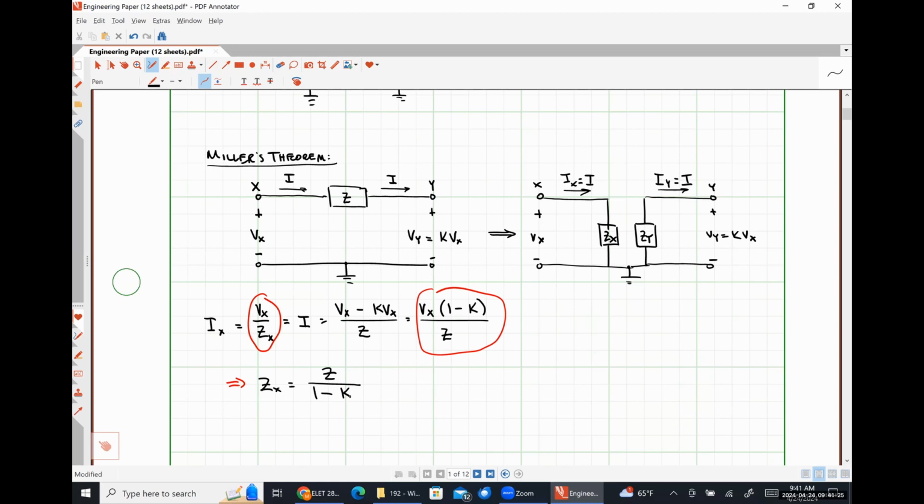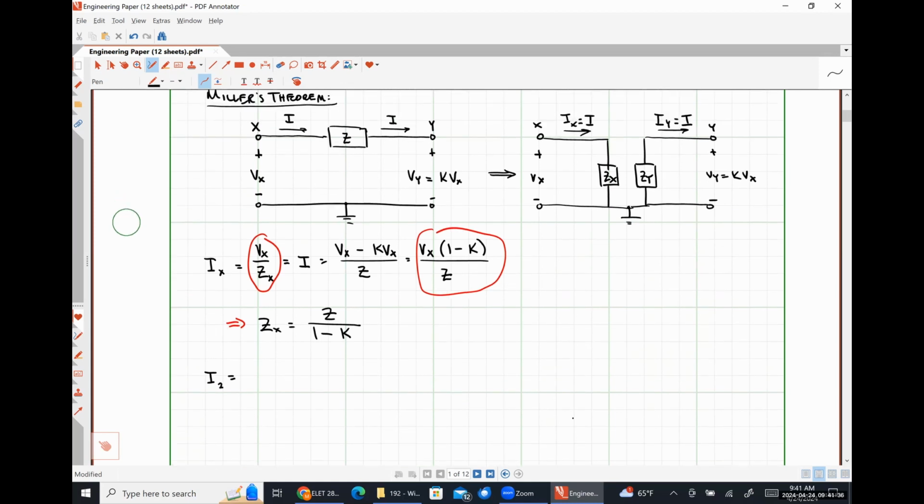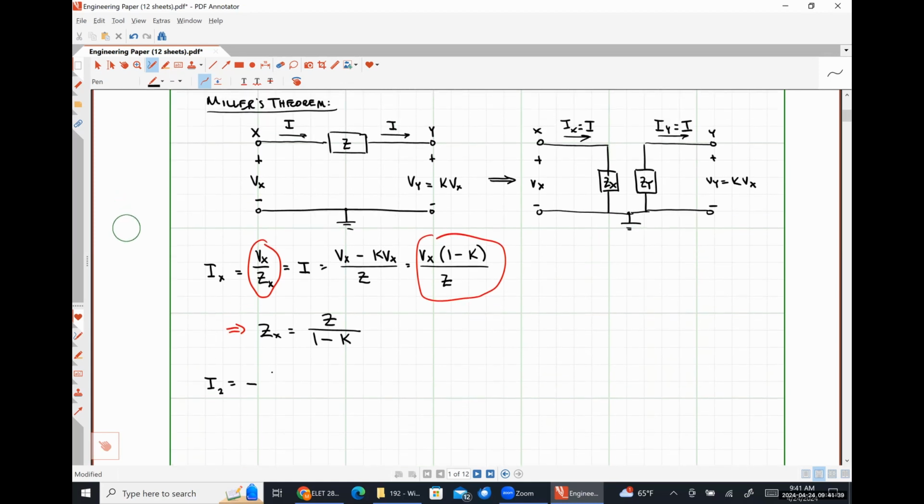We're going to do something similar for finding what the impedance ZY needs to be. So looking at my right-hand circuit or network, ZY looks like I2, IY, goodness gracious. What happens when I use a different notation? Anyway, this should be negative VY over ZY because we want the current flowing up through the device, right?